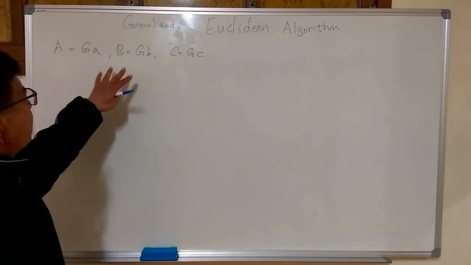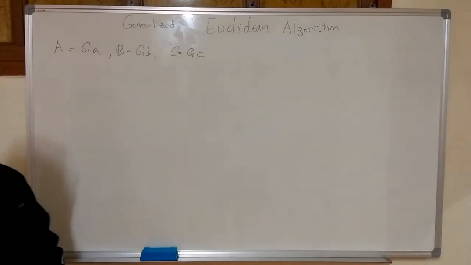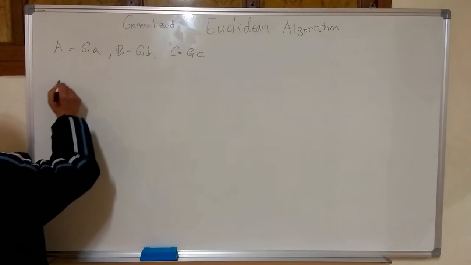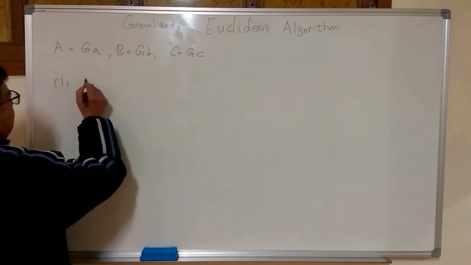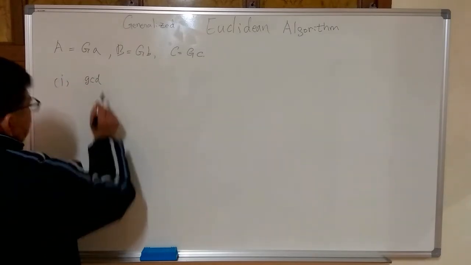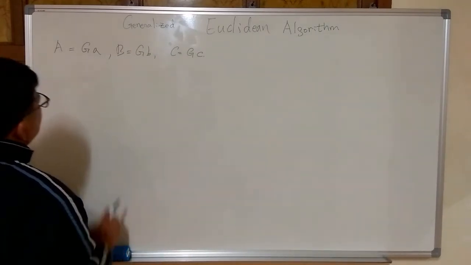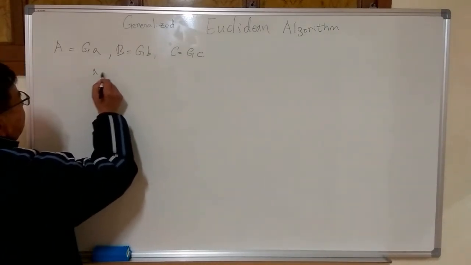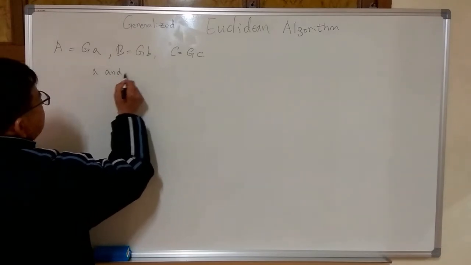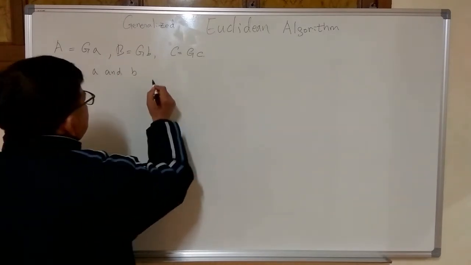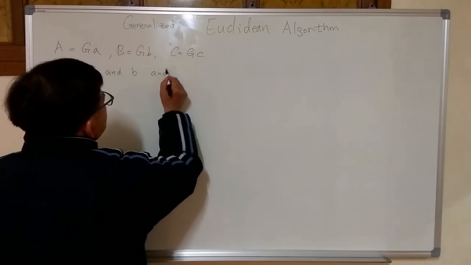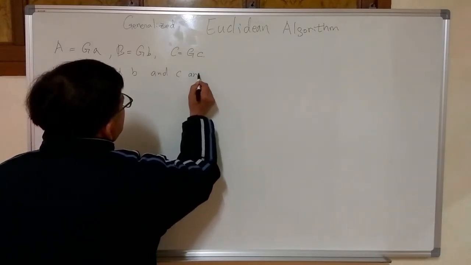I will recap my previous video first. In the Euclidean algorithm, GCD, before I say this, I have to mention A and B and C are co-prime.